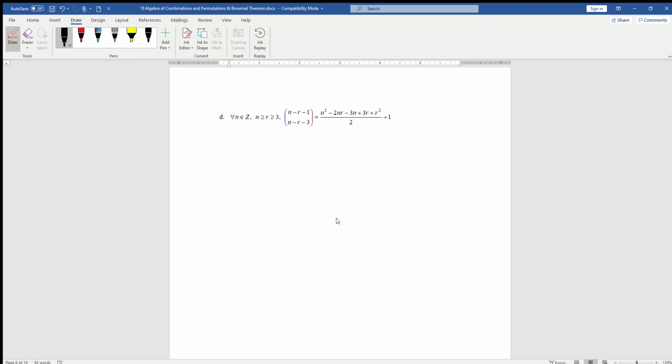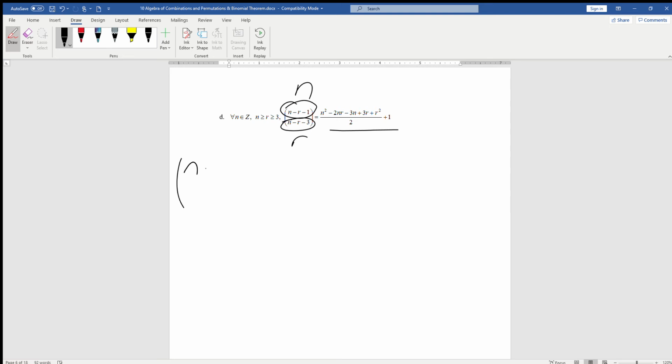Now n is greater than or equal to r, greater than or equal to 3, and we're stating that the combination n minus r minus 1 with n minus r minus 3 is equal to this right-hand side given. All right, so let's think of n minus r minus 1 as n in our formula, and n minus r minus 3 as r in our combination formula.